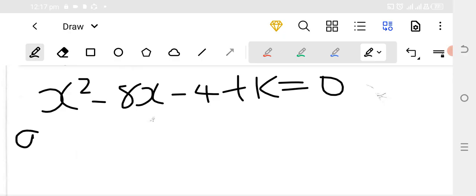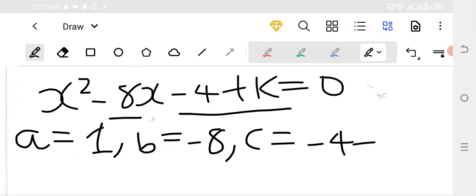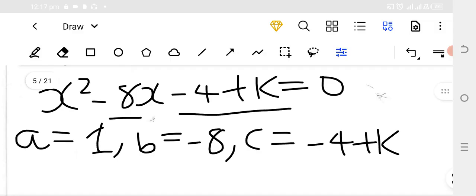Now our a is the number in front of x squared, which is 1. Our b is the number in front of x, which is negative 8. Our c is whatever has remained with no variable, in this case negative 4 plus k. So that's your a, that's your b, and that's your c.